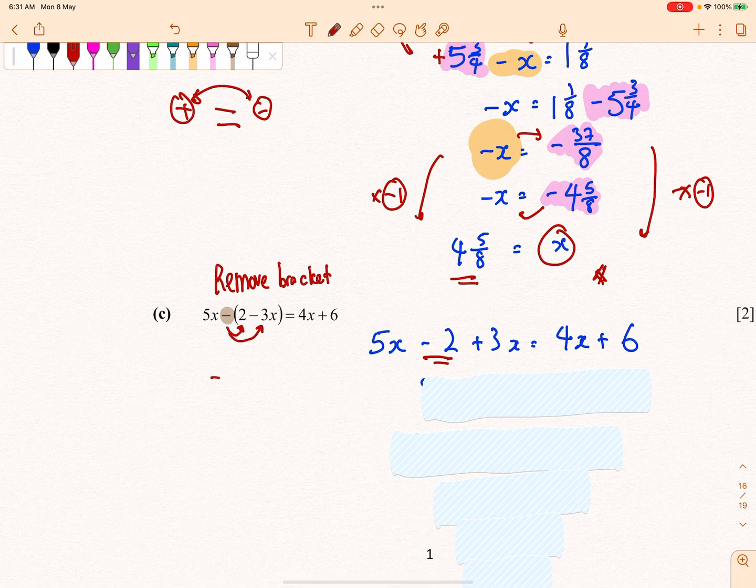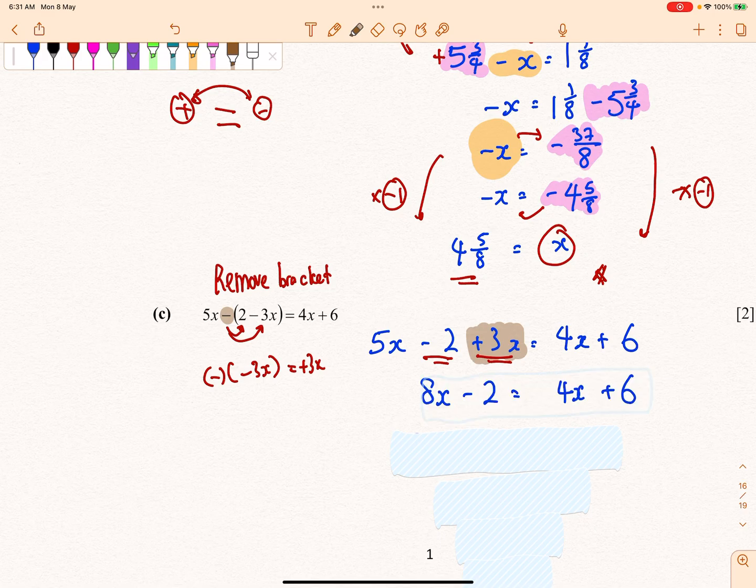Now negative times negative 3x will give you a plus 3x, so check that this is a plus in your working. Next I want to group like terms together. 5x plus 3x will give you 8x. Again, I want to group like terms together, so move the smaller one over.